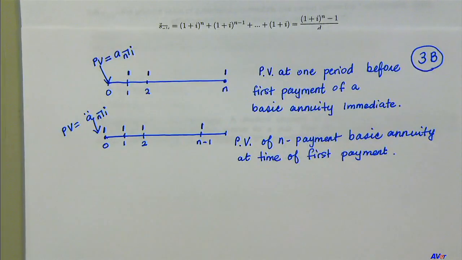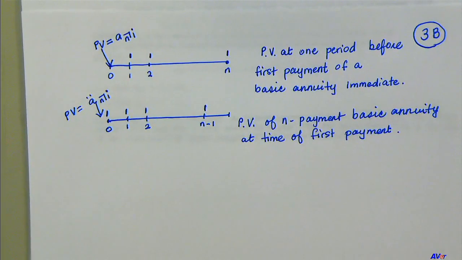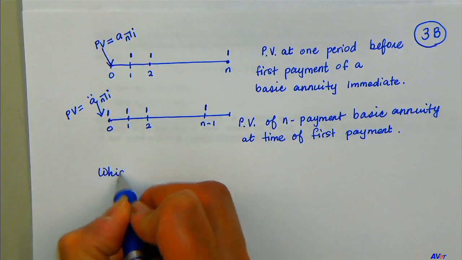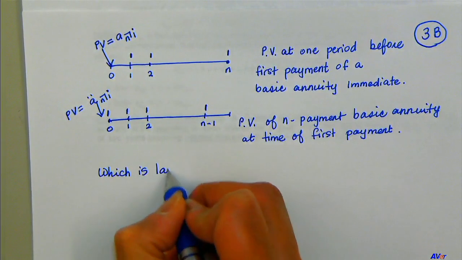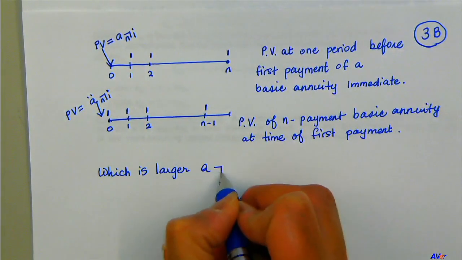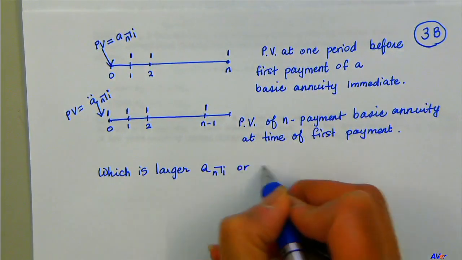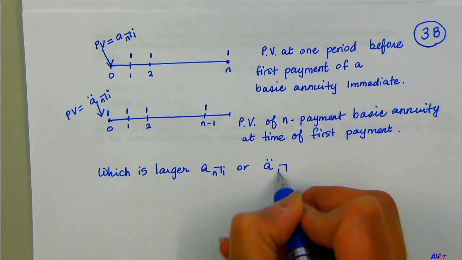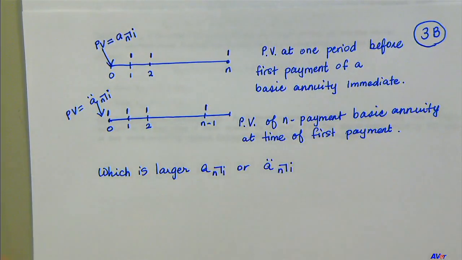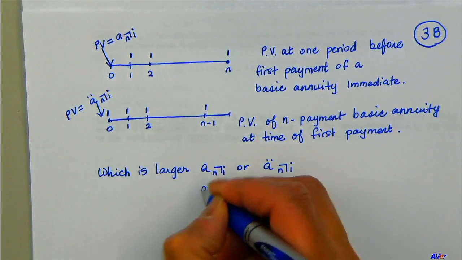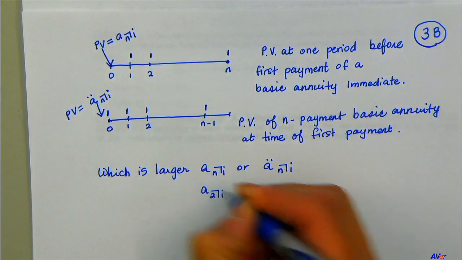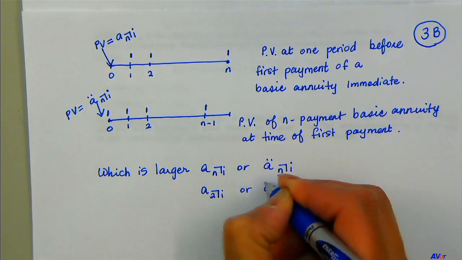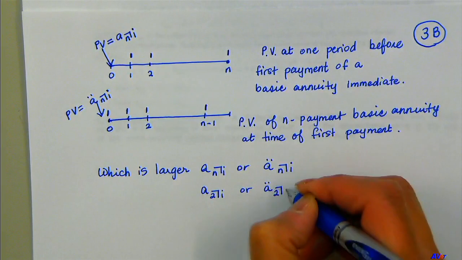Which do you think is bigger? Which is larger, A angle n I or A double dot angle n I? Say to make it easy, how about A angle 2I or A double dot angle 2I?